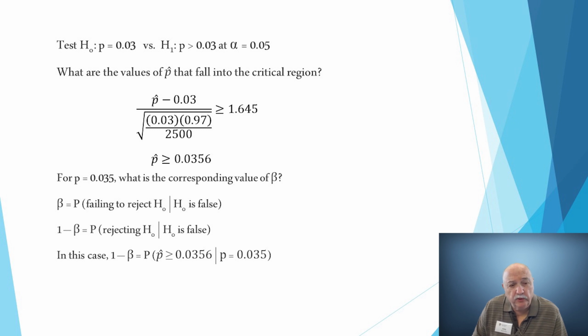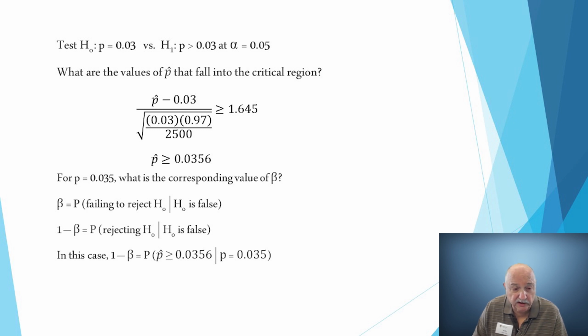For p equal to 0.035, in other words, if the alternative hypothesis is that you're generating a 3.5% response rate using the new promotional package, and that's based on our test that we did, what's the corresponding value of beta? All right. Now, beta, by definition, is the probability that you fail to reject the null hypothesis when the null hypothesis is actually false.